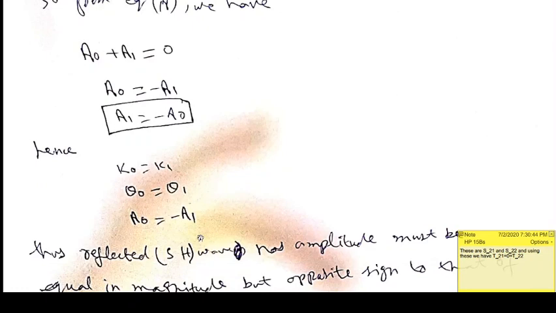Then what is the result? You have k naught, theta naught, a naught for the incident wave, and k1, theta 1, a1 for the reflected wave. So the wave number of the reflected wave equals the wave number of the incident wave, the reflection angle equals the incidence angle, and the amplitude a1 equals minus a naught.